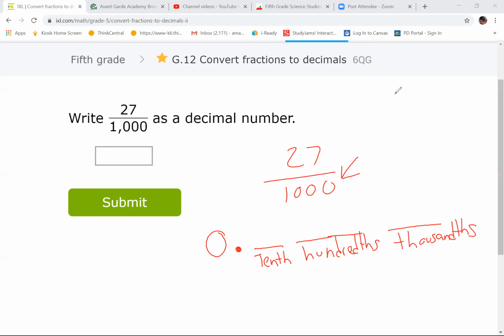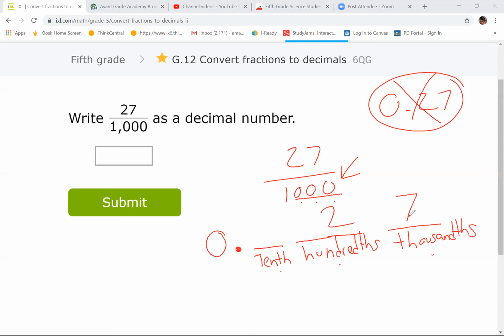So if you did this, you would be wrong because that says 27 hundredths. This says 27 thousandths. There has to be 1, 2, 3 places. So my 27 thousandths is going to go right here, because remember the last number, this is what we call it, 27 thousandths. A 0 is going to go there. That was a tricky one.